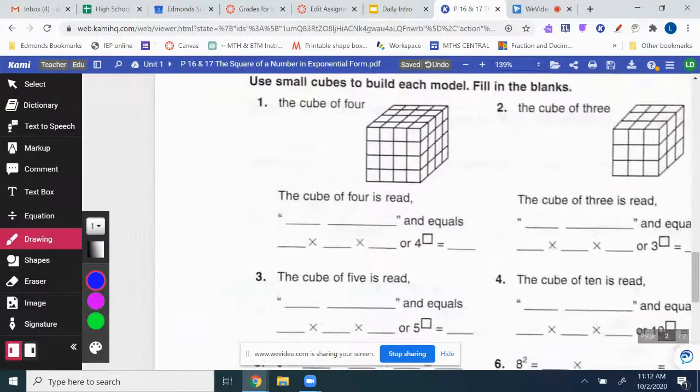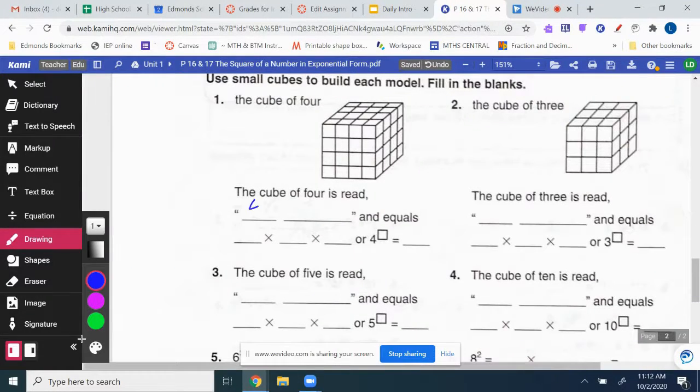The cube of 4 is read 4 cubed, or 4 times 4 times 4, because I have 4 on the height, 4 on the length, and 4 on the width. And they want you to put the 3 in there, and I will try to write that small. And 4 cubed is 16 times 4, which is 64.